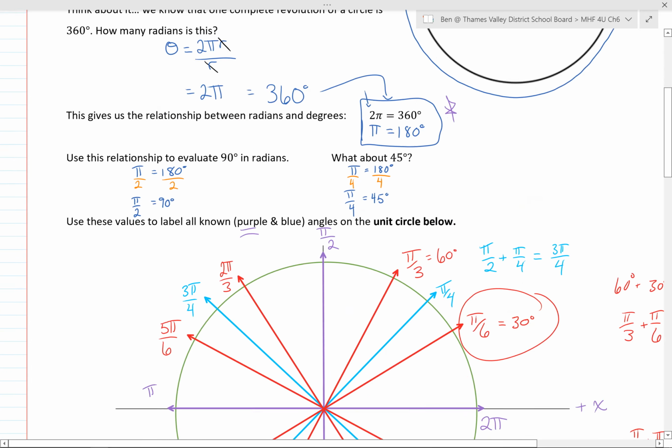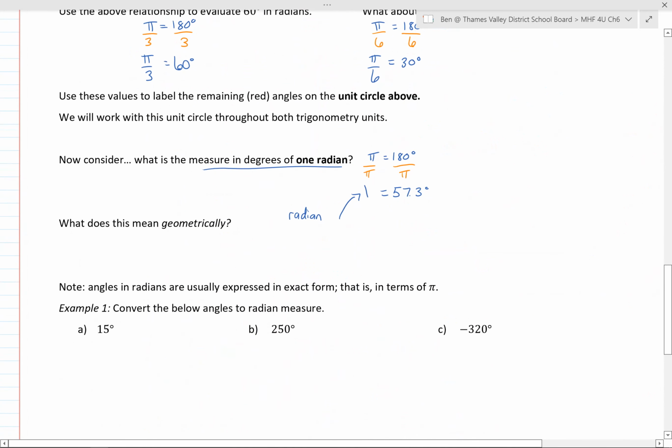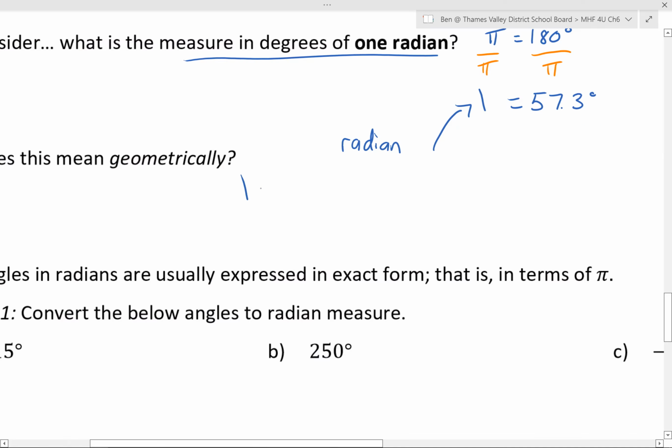So if we're working with 1 radian, and it equals the arc length divided by the radius, we could rearrange this. We don't necessarily need the radian in here. Working with 1 equals the arc length divided by the radius, we could rearrange this to see that the radius equals the arc length. So where we're working with 1 radian is where the radius equals the arc length.